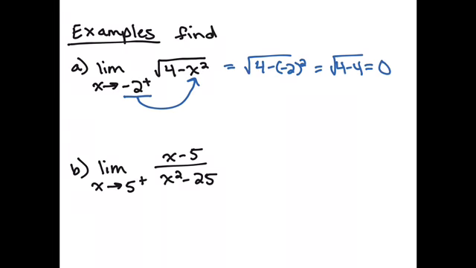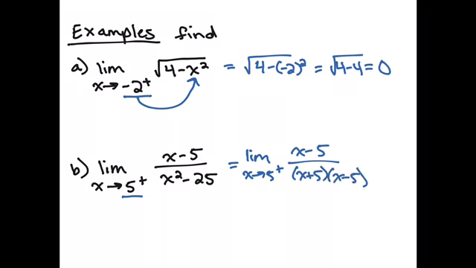The limit as x approaches 5 from the positive side, we do a direct substitution. And we're going to get 0 over 0, right? We manipulate it the same way. If I factor this, the denominator is a difference of squares, so I get x plus 5 times x minus 5.